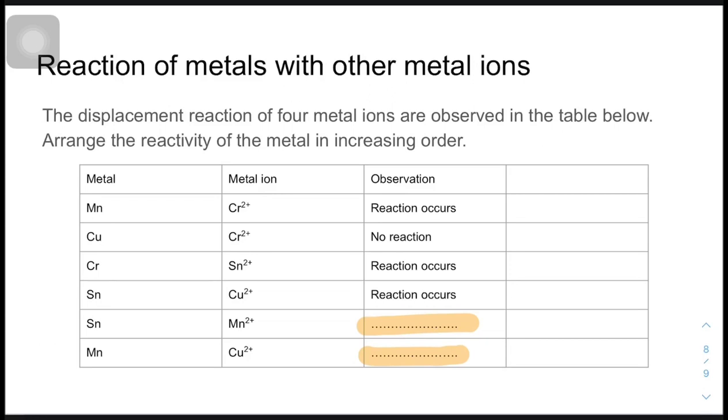Okay, what can we deduce when we have this table? There are metal and there are metal ion. Some of the reaction occurs, some does not have any type of reaction.